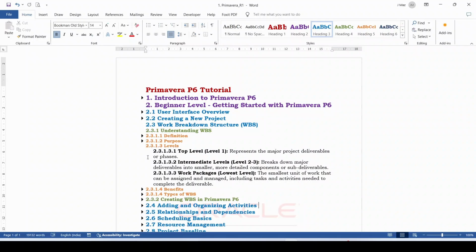When level 1 WBS is divided into several WBSs, the second one is called level 2 or intermediate levels of WBS. And the WBS which are directly linked with various activities of that particular project are called work packages or lowest level WBS. The concept of various levels of WBS will be explained in detail during creation of WBS in Primavera.